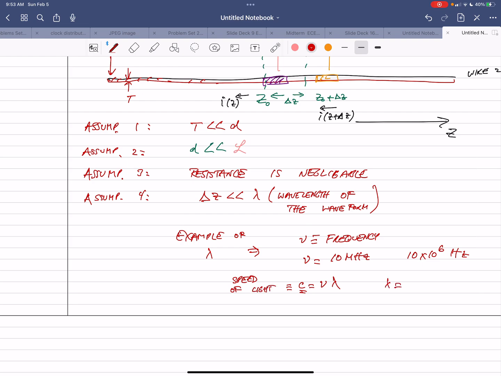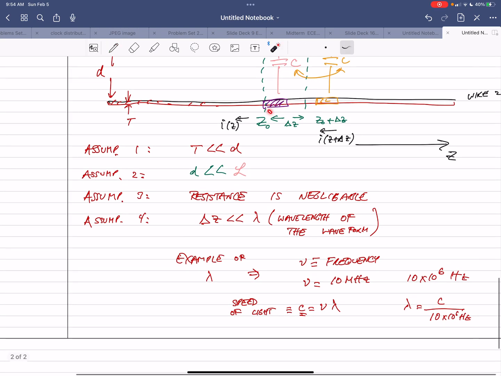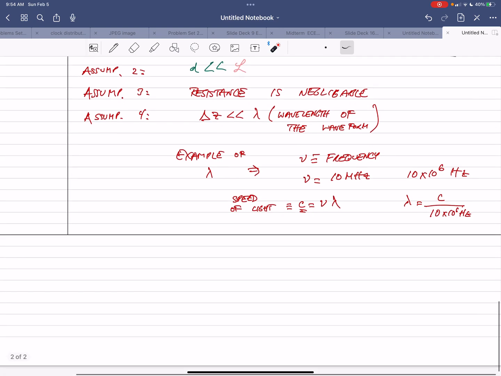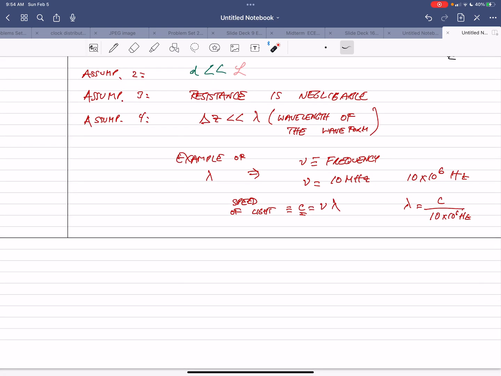And so lambda would be the speed of light in your transmission line divided by this 10 megahertz signal. Okay, that would be the distance. So at 10 megahertz, I'm not going to do the calculation, but I think you're talking about multiple centimeters for the wavelength lambda. So we're just requiring that this distance be much shorter than the wavelength of the signal you're inputting. Okay. So let's see here.